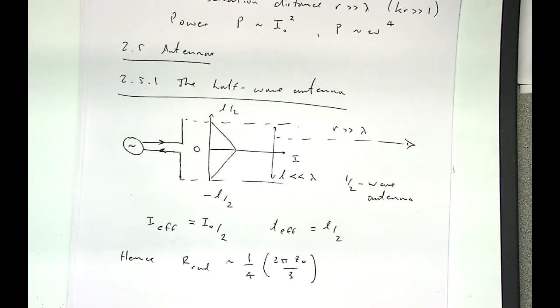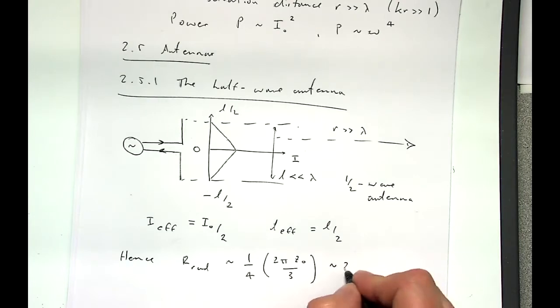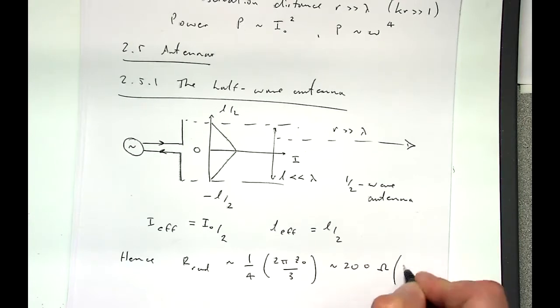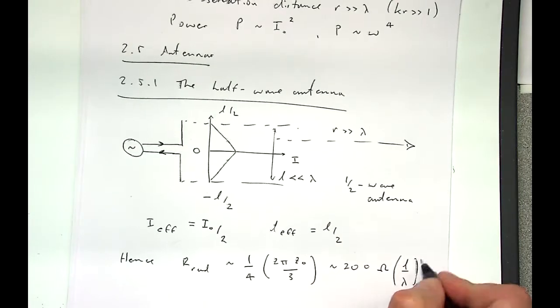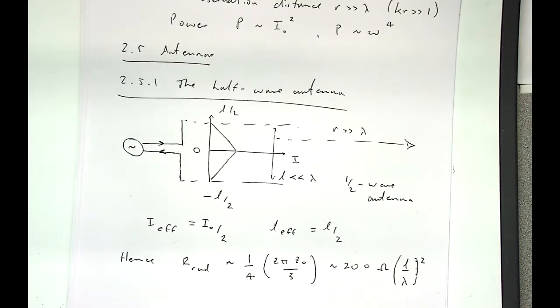If I plug in those numbers, because this factor here is about 800, that number is about 200 ohms times L over lambda squared. Okay? So again, if we set the length of the antenna to be lambda over 4, this is our quarter wave case.